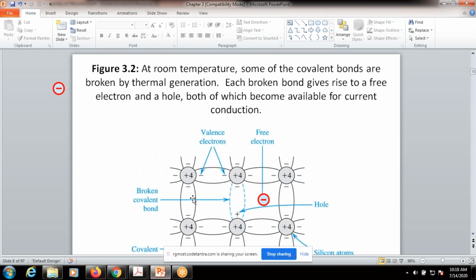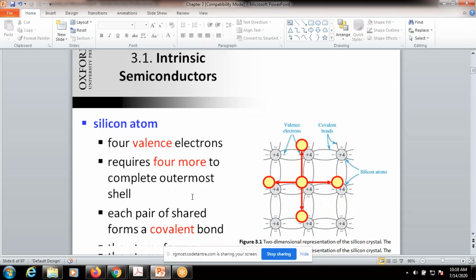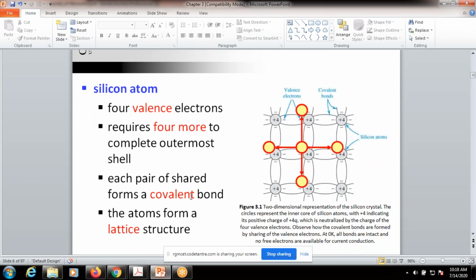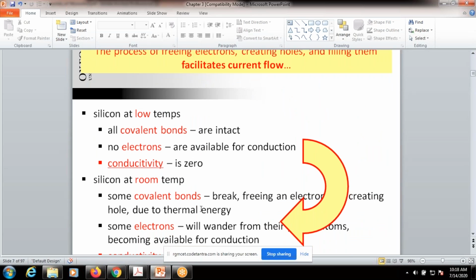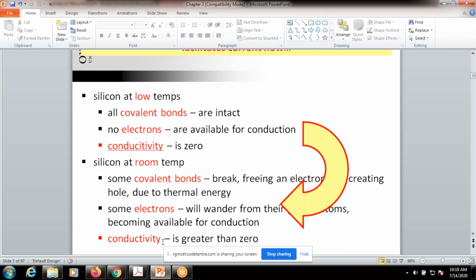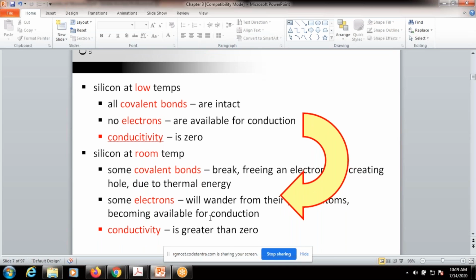Then the conductivity is greater than 0.